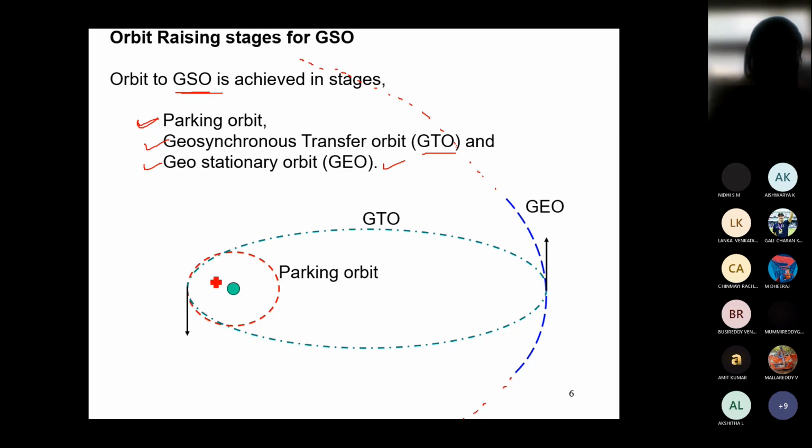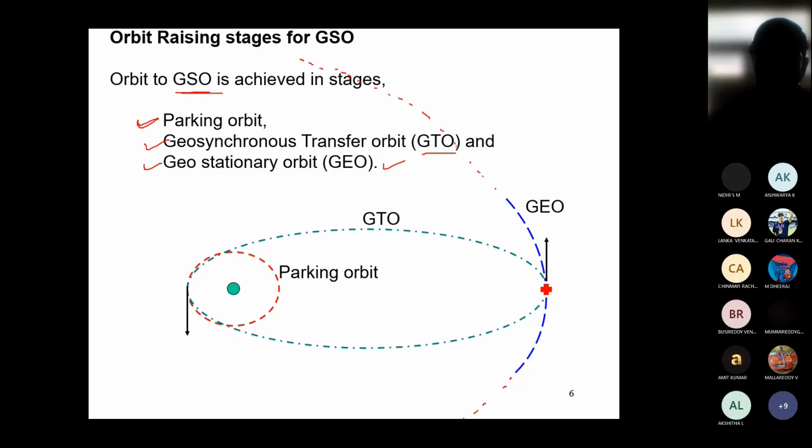That means whatever the area swept here by this angle, the same area will be swept here in apogee for the same time duration, as we have discussed in the second law of Kepler. So at apogee point, the satellite moves at a low velocity, whereas at perigee point, the satellite will move at a high velocity.